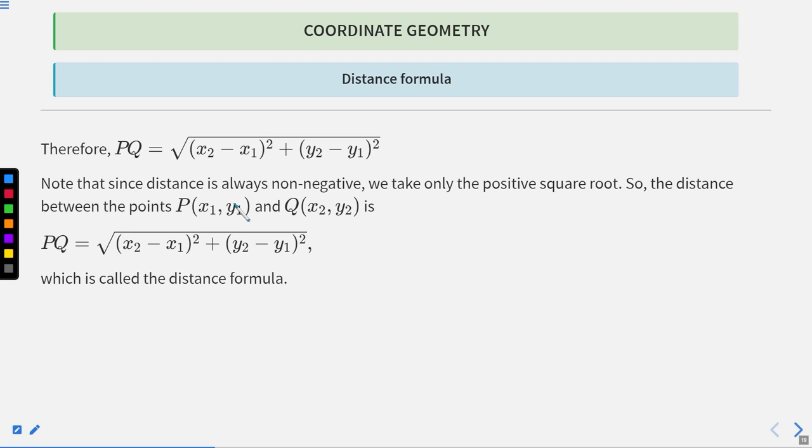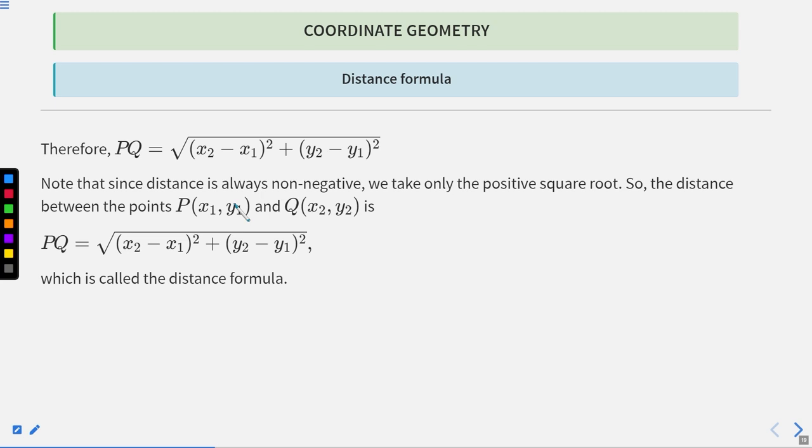Okay, so the distance between the points P of x1 comma y1 and Q of x2 comma y2 is PQ is equal to root over x2 minus x1 whole square plus y2 minus y1 whole square, which is called the distance formula.